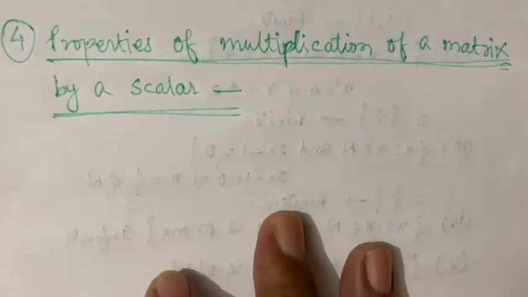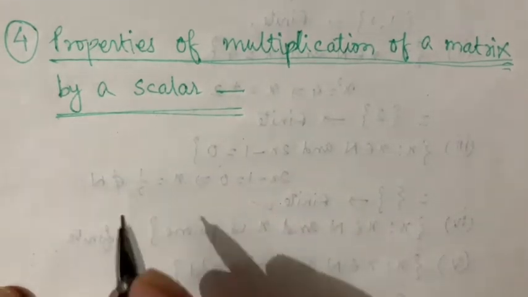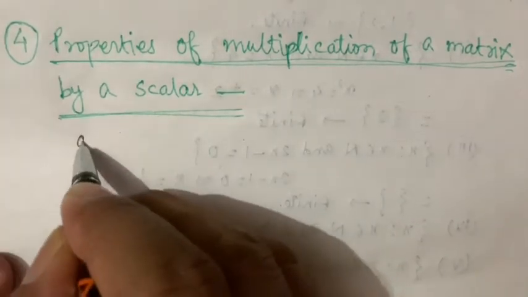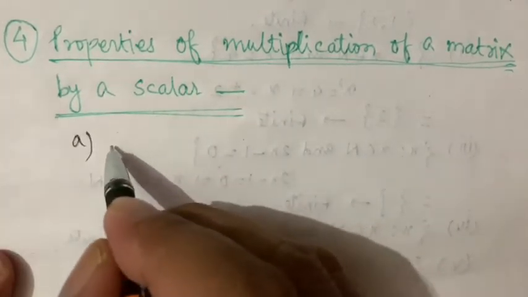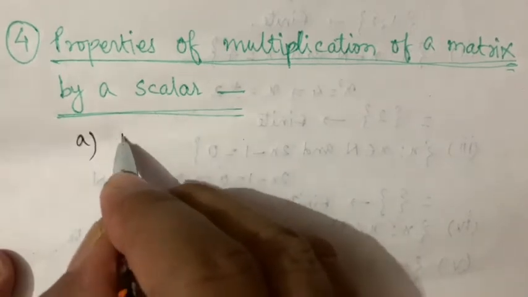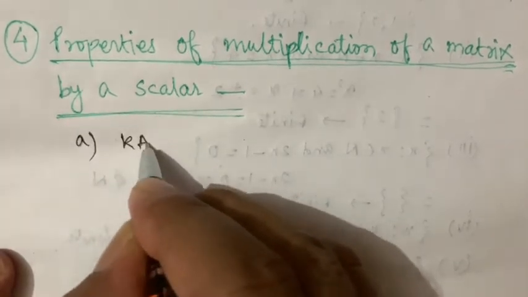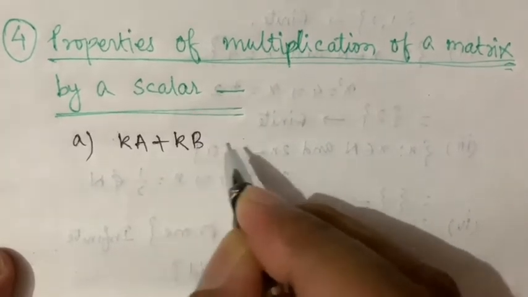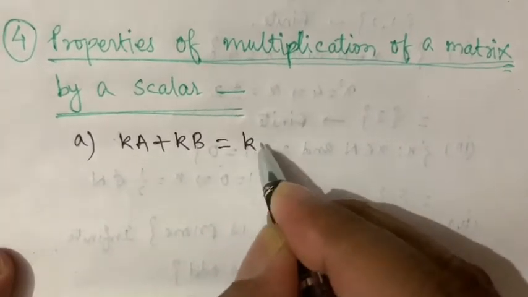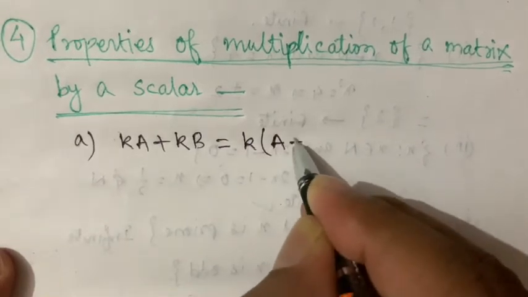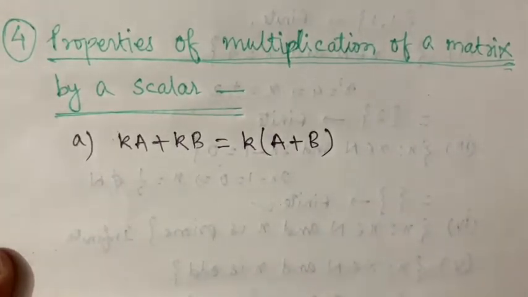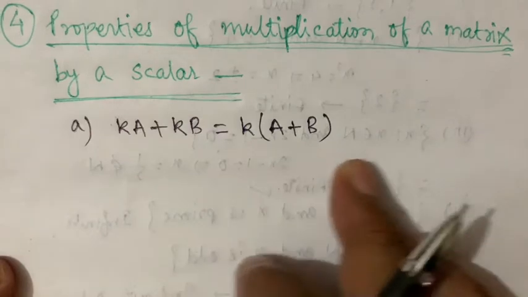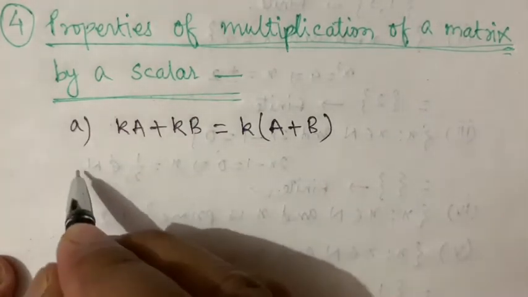Now come the properties of multiplication of a matrix by a scalar. In this, we will study its properties. What will happen if we have KA plus KB? Then we can take K as common, and we can simply write it like this.